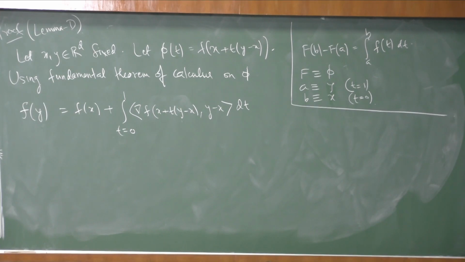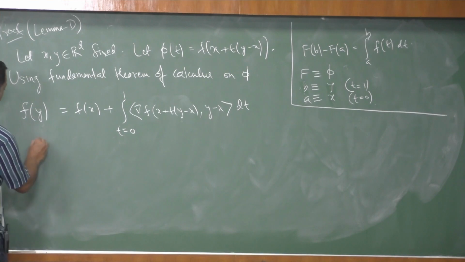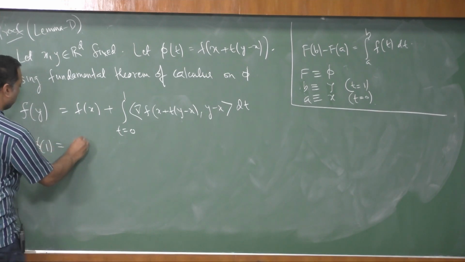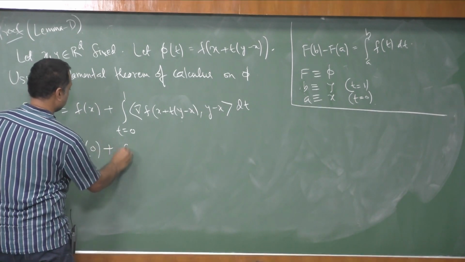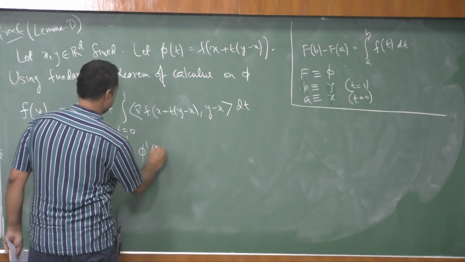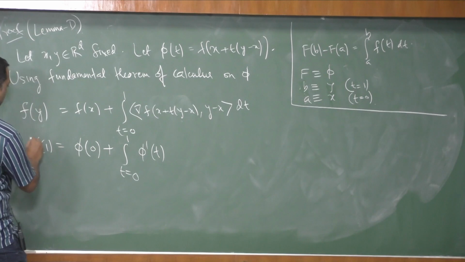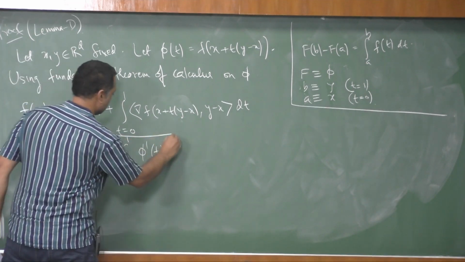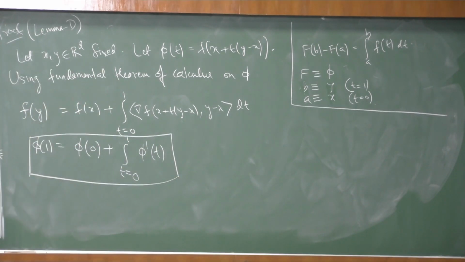That's phi(1) is equal to phi(0) plus the integral from t equals 0 to 1 of phi prime(t). So I just related things for you to match with what you know as the fundamental theorem of calculus. This is what we did, okay?